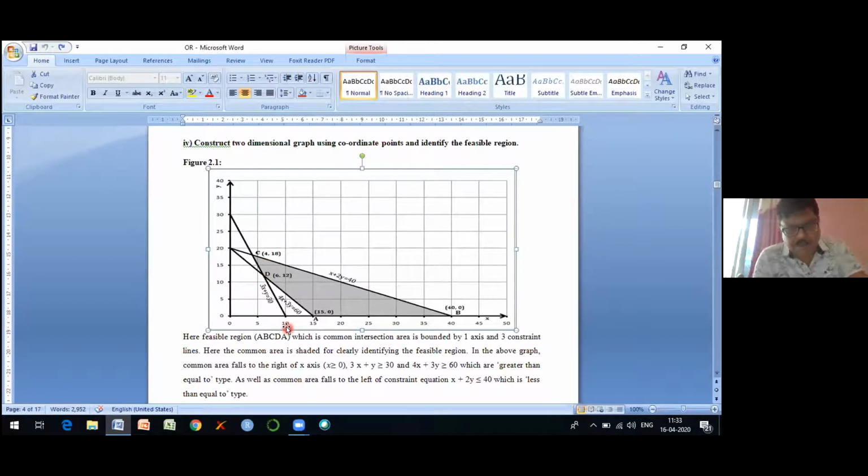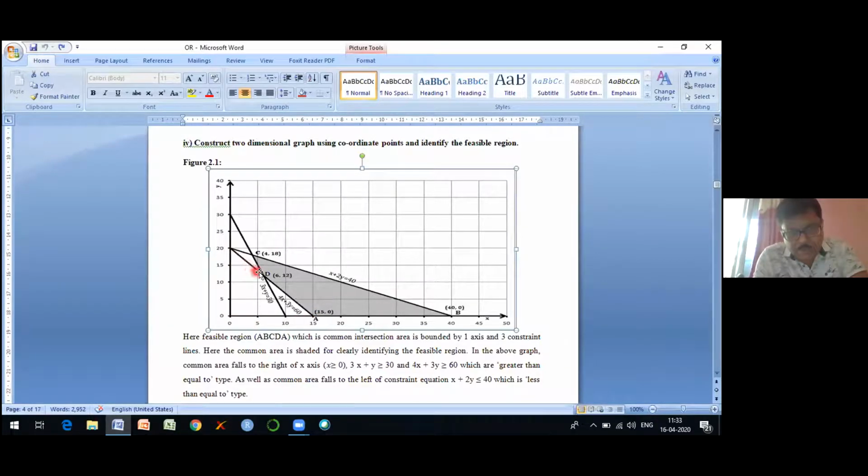Now after that, from the other 2 points, that is x by 15 plus y by 20. So x by 15 means 15, 0. So this point 15, 0, and y by 20, that is 0, 20.